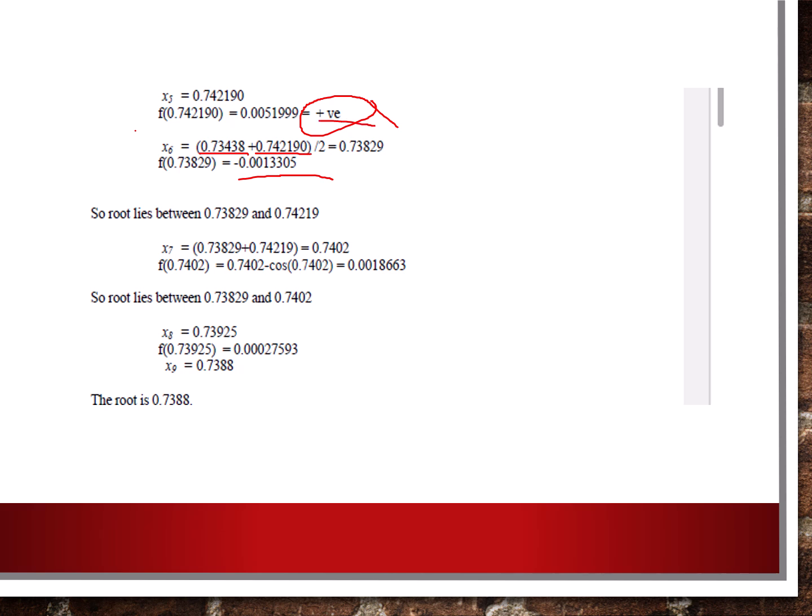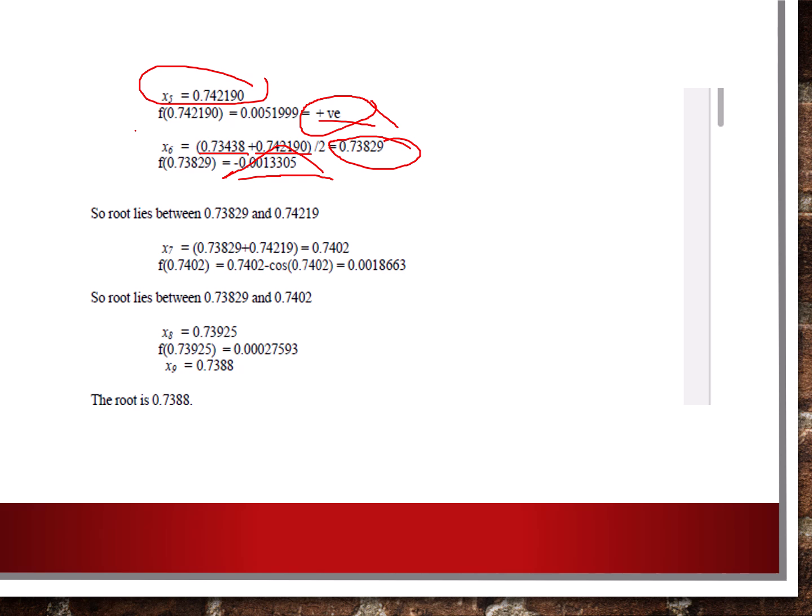Find the value. Take the value of x5 and x6. The root lies between 0.73829 and 0.7402. The x8 equal to 0.73925.